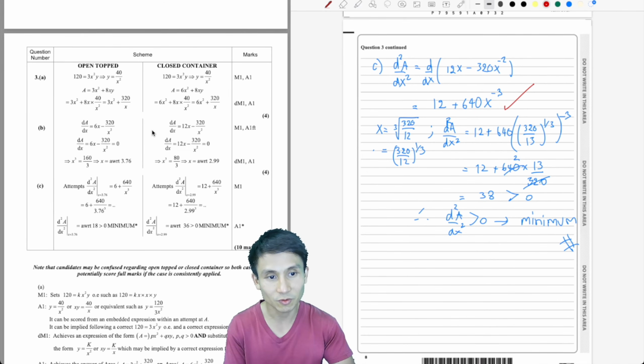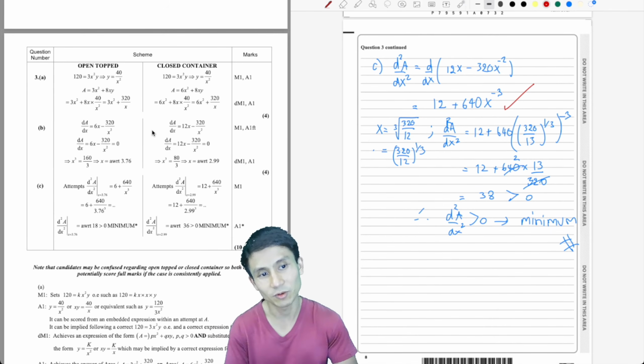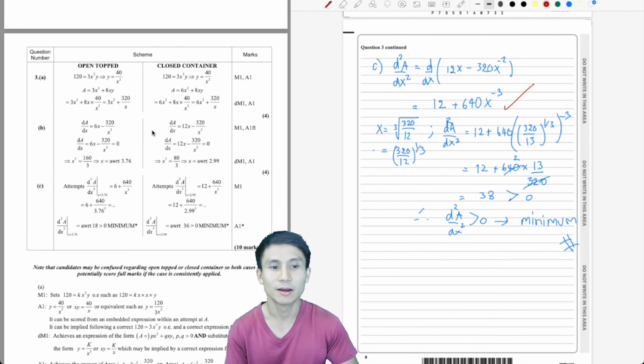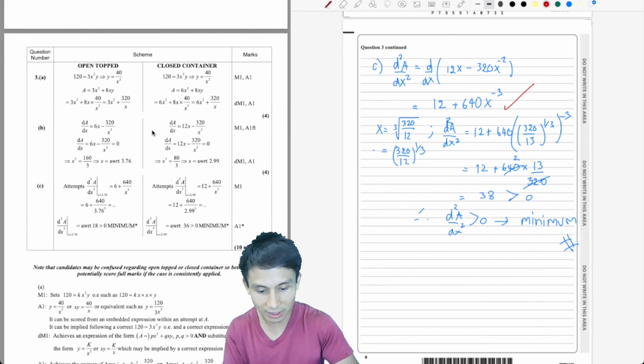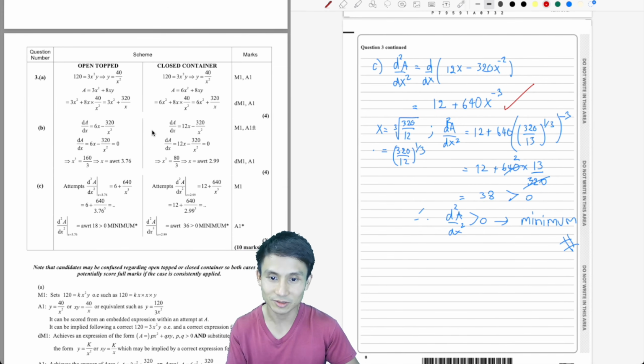Oh, it's 640 divided by the answer, right? Wait, what? Oh, that's the value of x, right? Okay, so this is answer cubed. 36 exactly. Oh, I missed that.